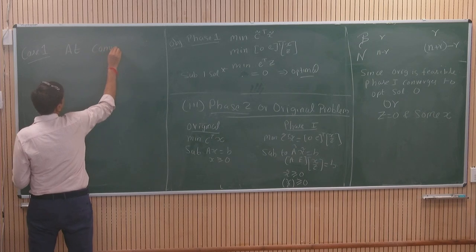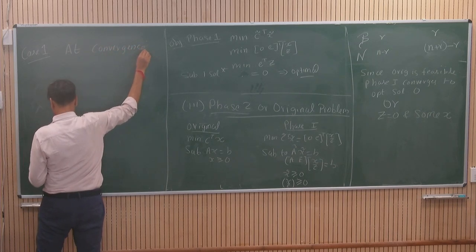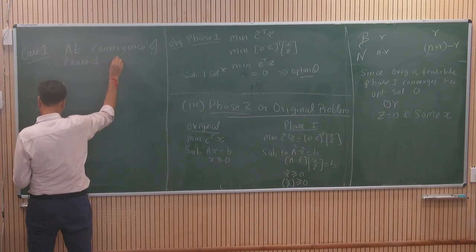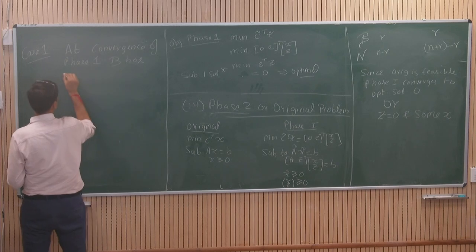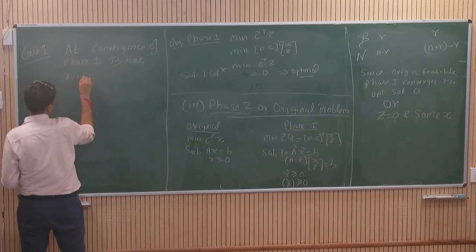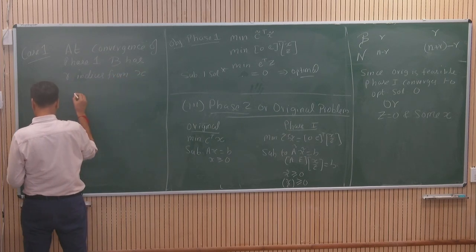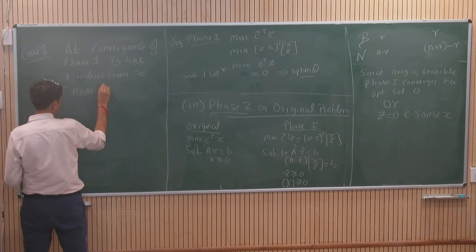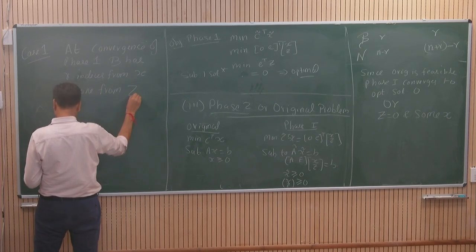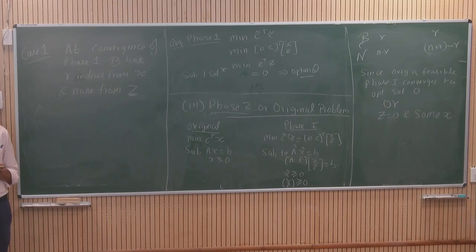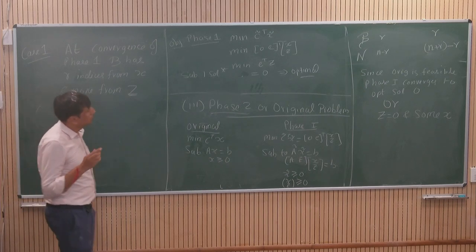at convergence of phase 1, B has R indices from X and none from Z. Okay.